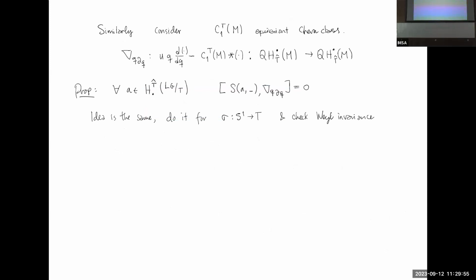In this particular case, because I think that you probably forgot already, I am only working on the special case where the manifold is monotone, so it only really is interesting to look into the C1 direction. So the C1 is the equivariant Chern class of M that you have, and so we can prove the same result just by doing it on the torus case first and then passing it through the divided operators, and so it commutes with the connection.